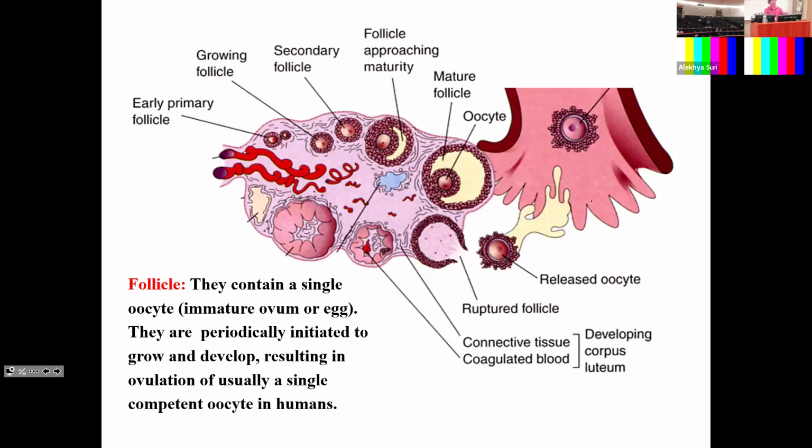So it's caught by the digit-like structures here, which are called the fimbriae. All right. So each follicle contains a single oocyte. It's immature. They are periodically initiated to grow and develop, resulting in ovulation of usually a single competent oocyte in humans.